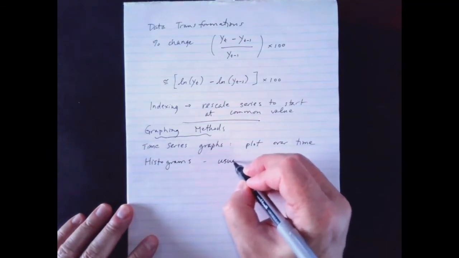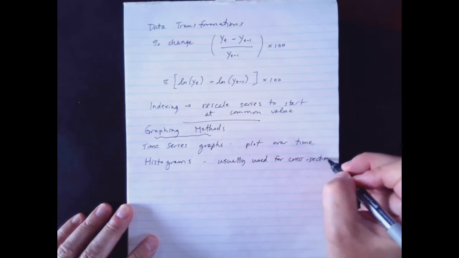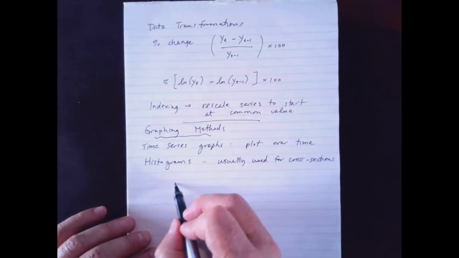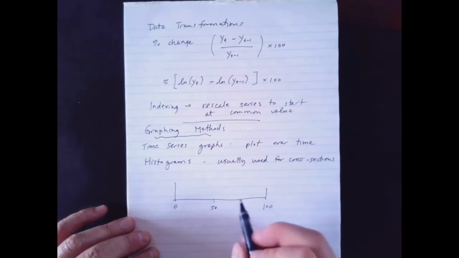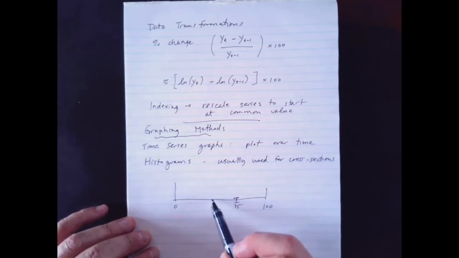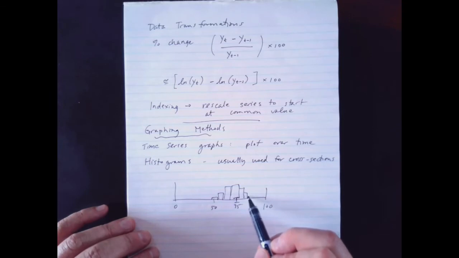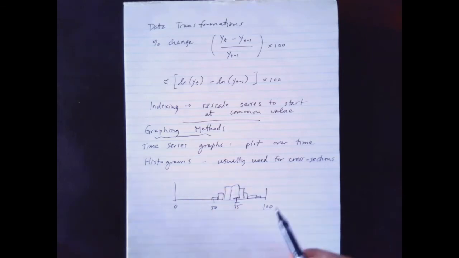These are usually used for cross sections. You've seen these probably for courses where you get the grade distribution, and so the histogram of a grade distribution starts at 0, goes up to 100, and if the class average is, let's say, 75, then we kind of expect that the grades will be distributed in groups, most of them clustered around the mean, and then there'll be a few above and some below, and maybe some far below.